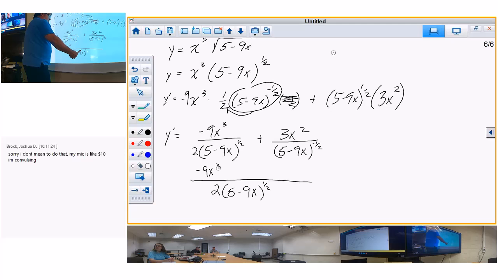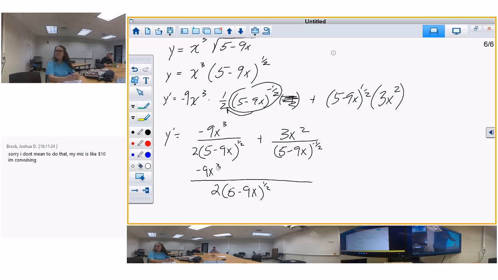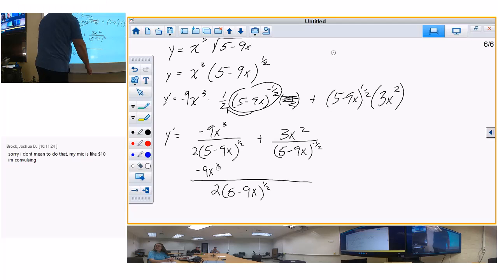Y'all aren't going to tell me, are you? Well, what do I need to add to this to make it 1/2? 2 halves, right? Yes, Hubert. Plus 3x squared times 5 minus 9x to the what? To the 2 halves or to the first power, right? Yes, Hubert.